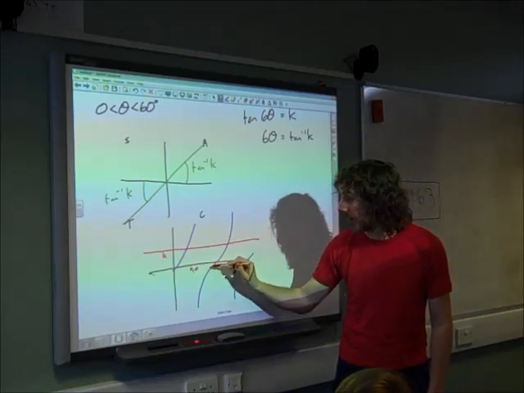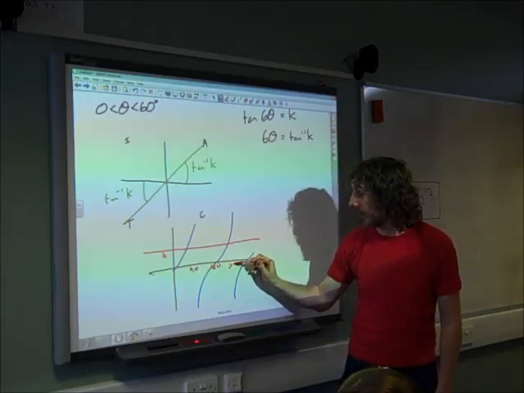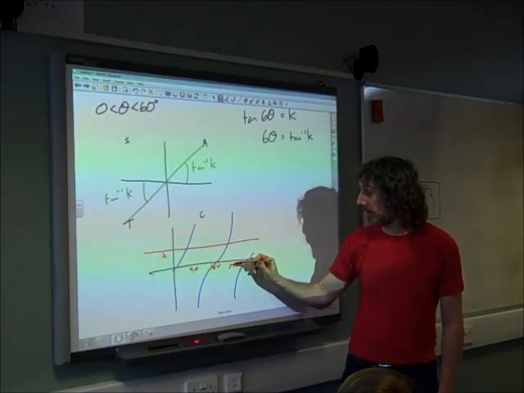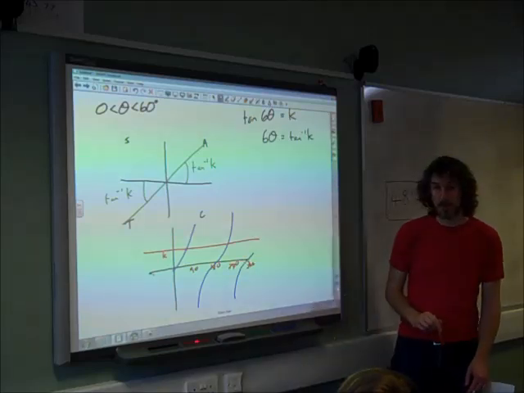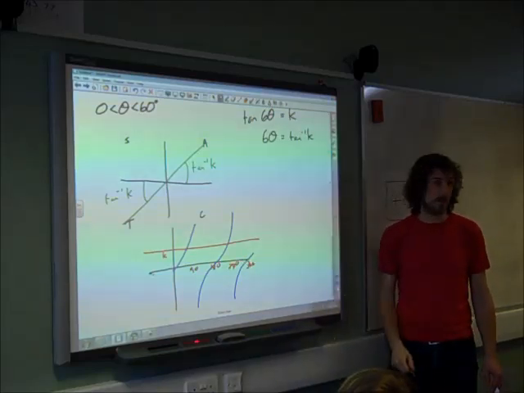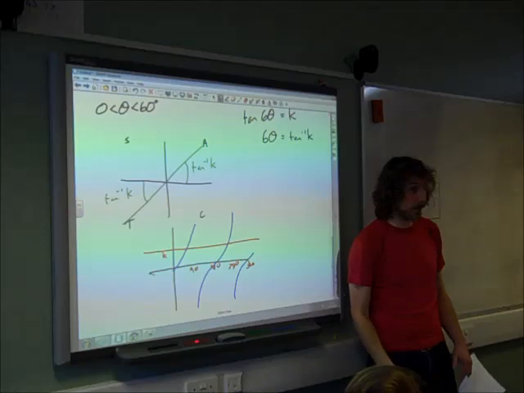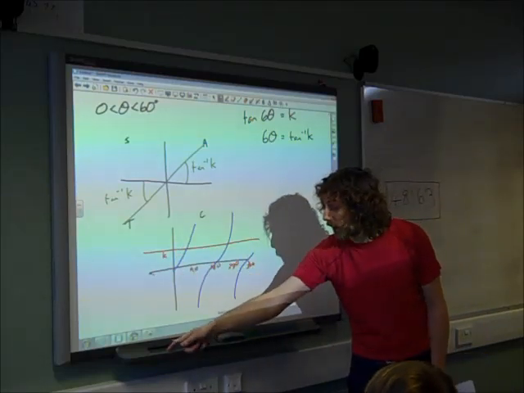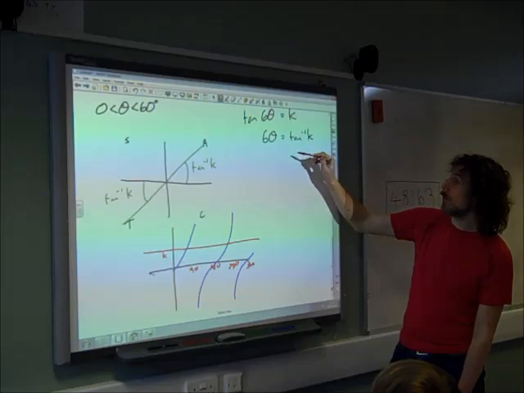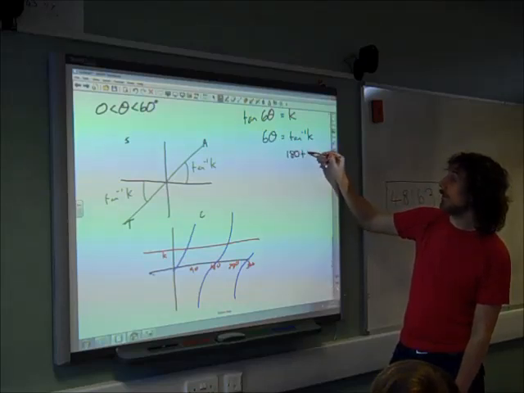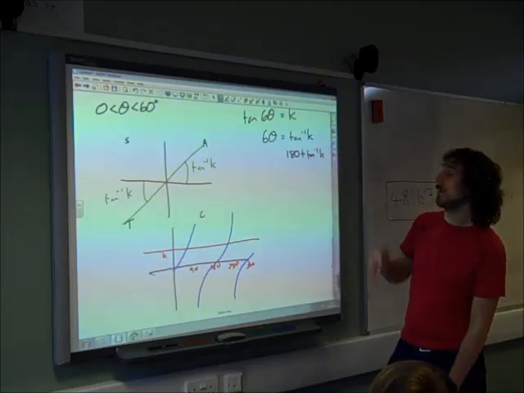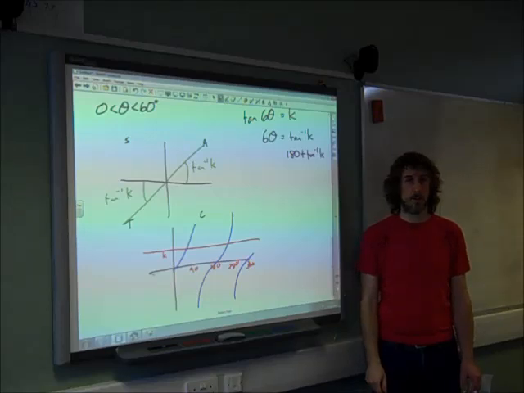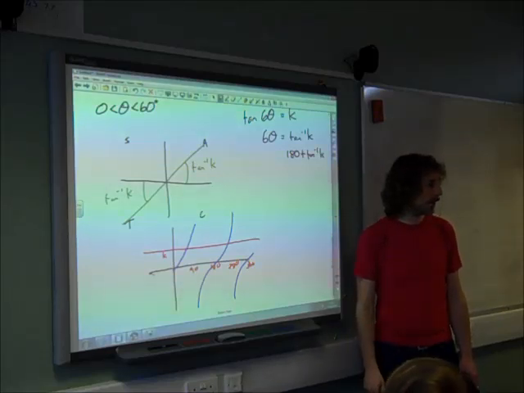Because there's 90, there's 180, 270 is there, and 360 is there. Is that okay? So this has given us two solutions. One of them was between 0 and 90, and the other one was 180 plus whatever our calculator said. So those were the two solutions that we got.